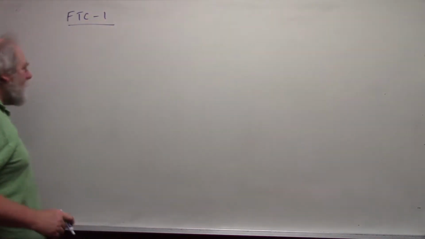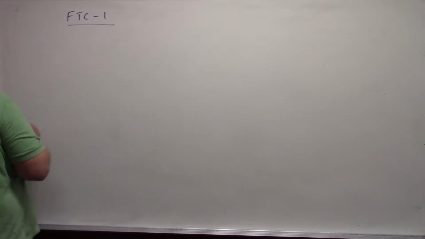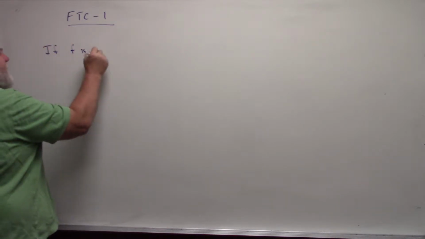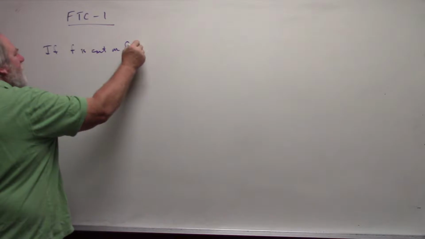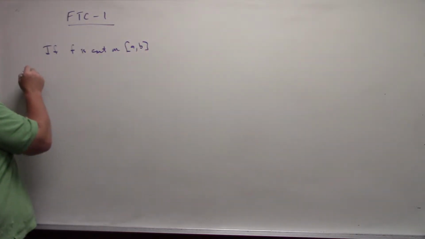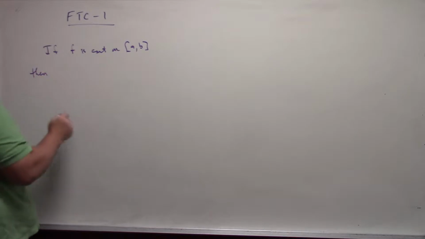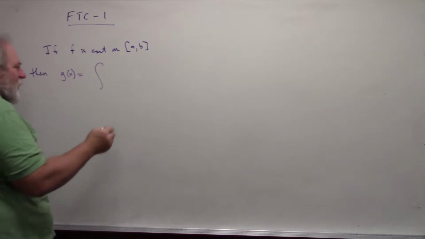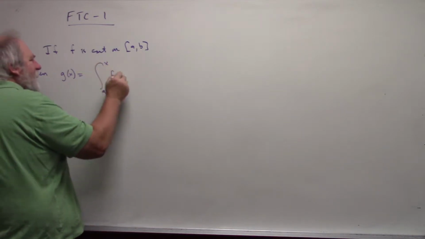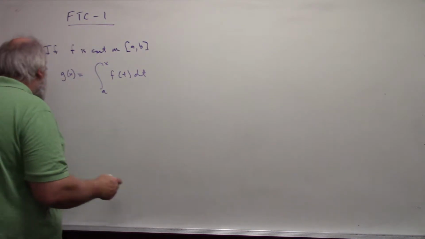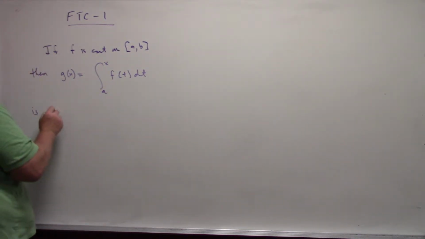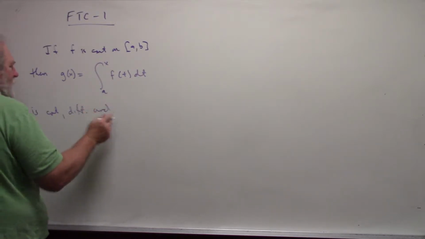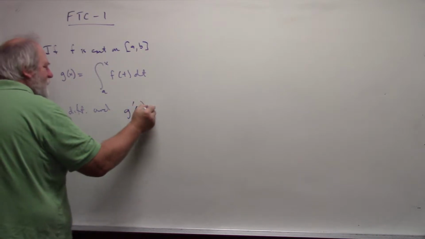To remind you, as I mentioned in the previous video, FTC1 says that if f is continuous on the closed interval [a, b], then g of x, which is the integral from a to x of f of t dt, is continuous, differentiable, and g prime of x is equal to f of x.